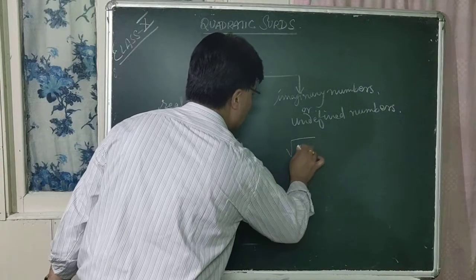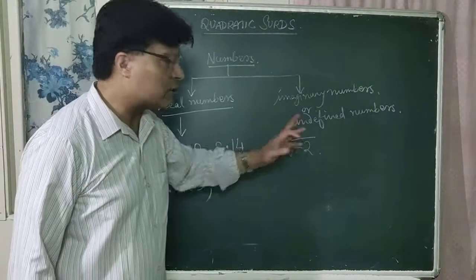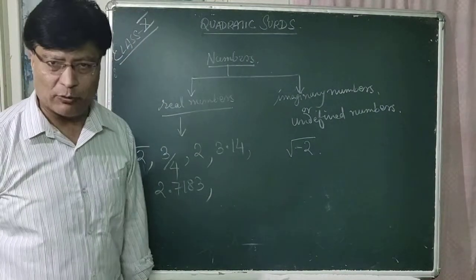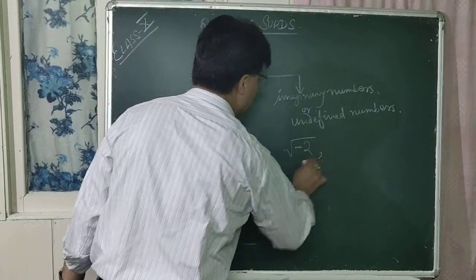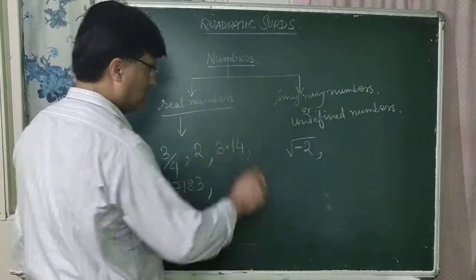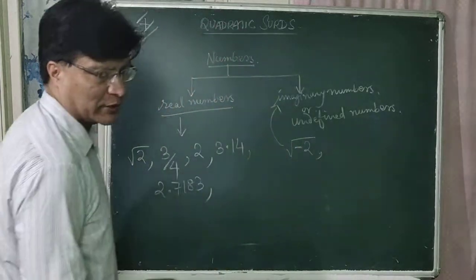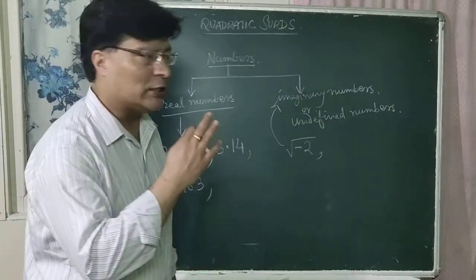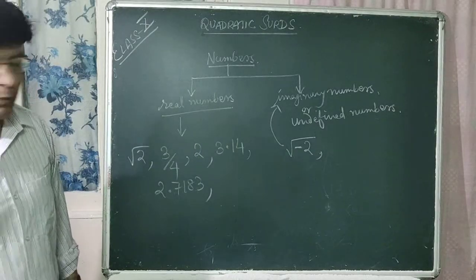Square root of negative numbers, suppose -2. So root over -2 is an imaginary number. Actually, we cannot get its value, right? These are known as imaginary numbers. Root over -2, root over -3, root over -4, square root of -3/4, that is also an imaginary number.